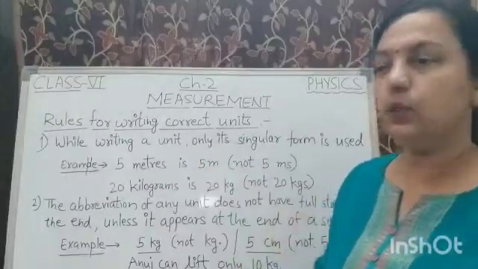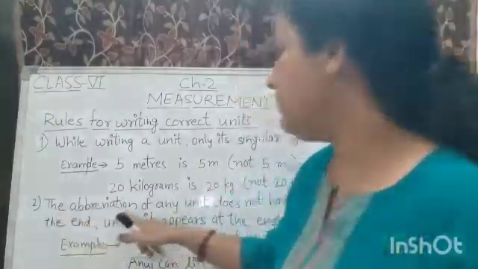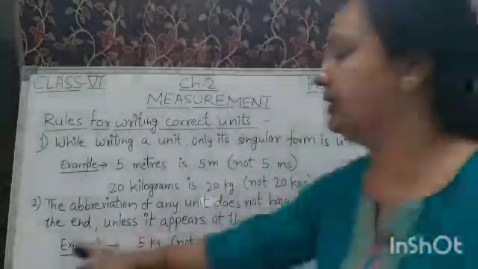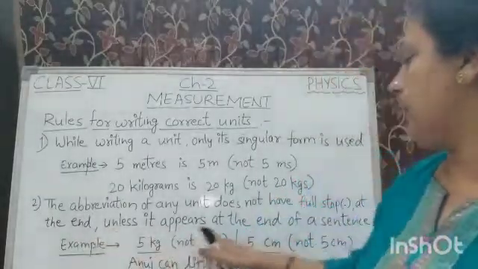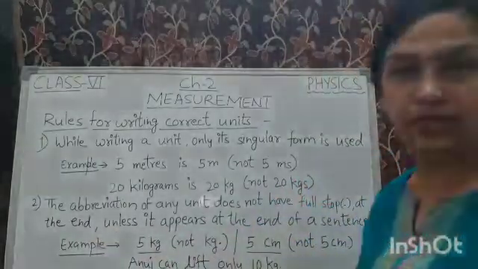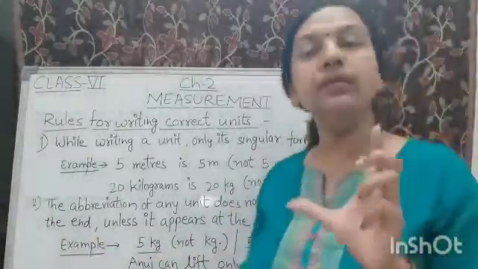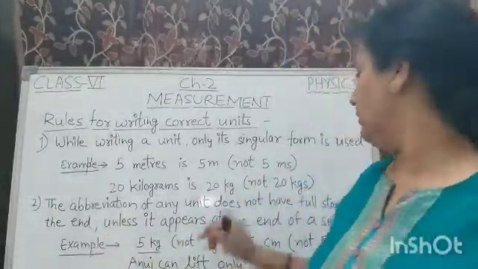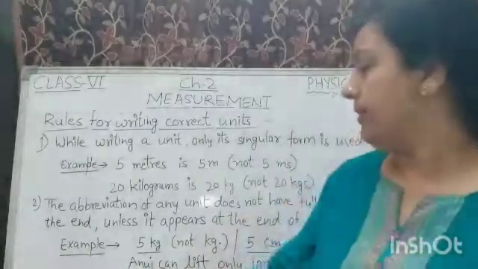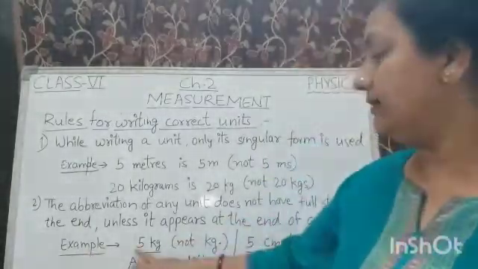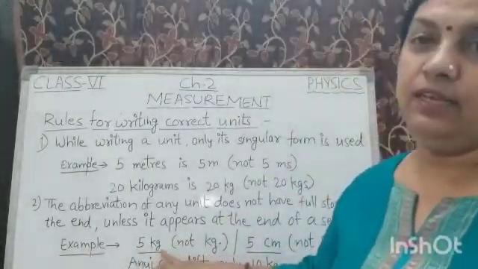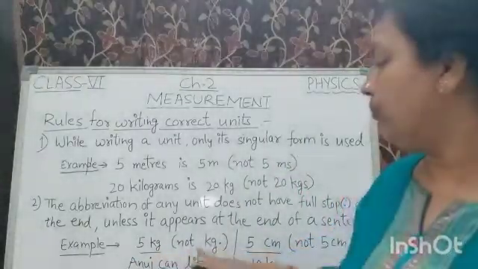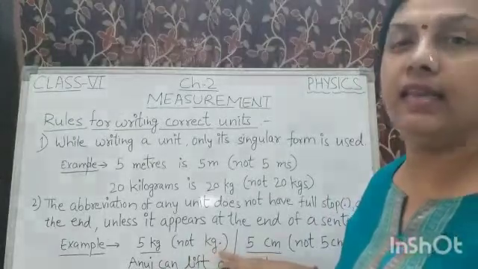Now our second rule is, the abbreviation of any unit does not have a full stop at the end unless it appears at the end of a sentence. You know, abbreviation means short form. For example, if we have to write 5 kg, we will write it like this only, 5 kg. We will not put a full stop after kg.